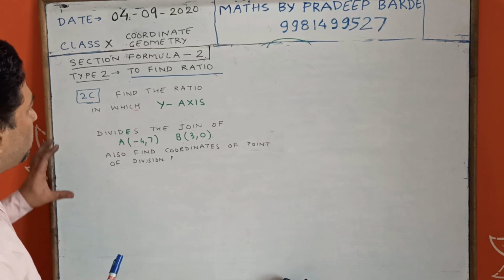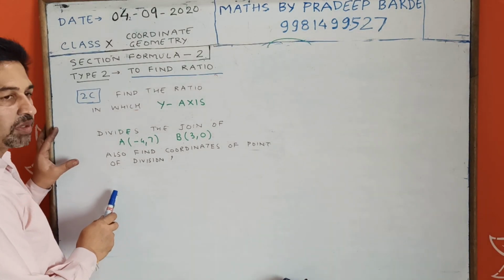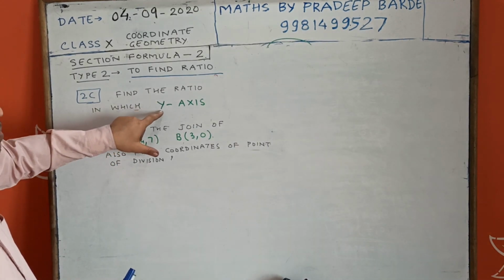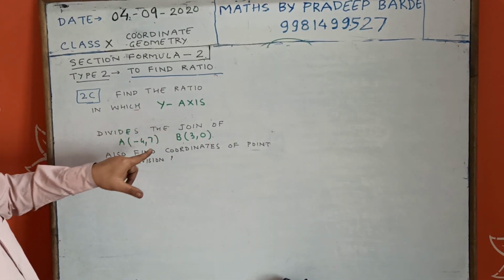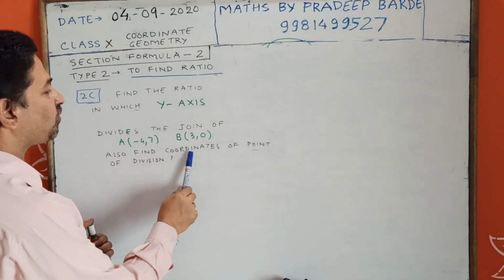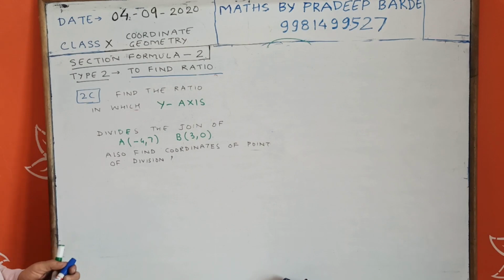Okay students, one more question based on same type 2C. Find the ratio in which y axis divides the join of -4,7 and 3,0. Also find coordinates of point of division.